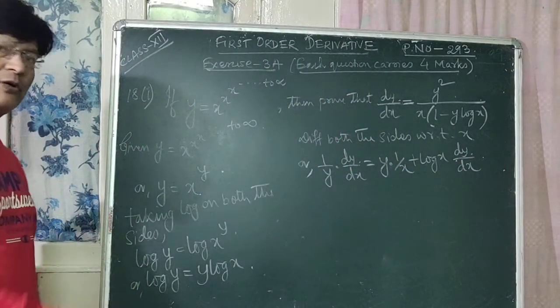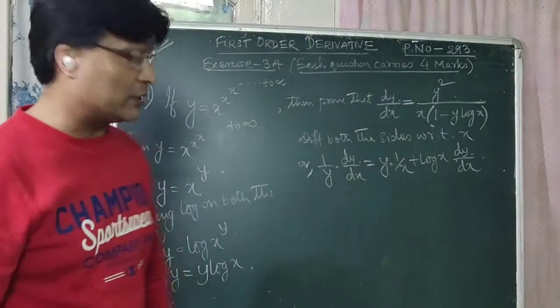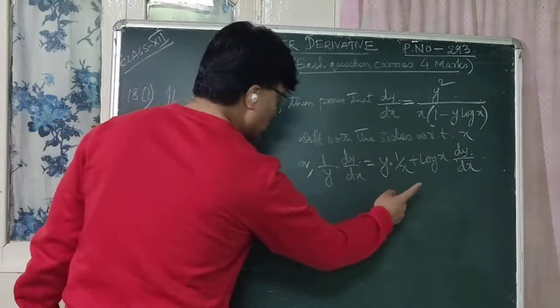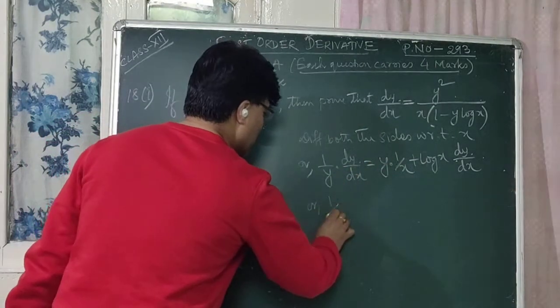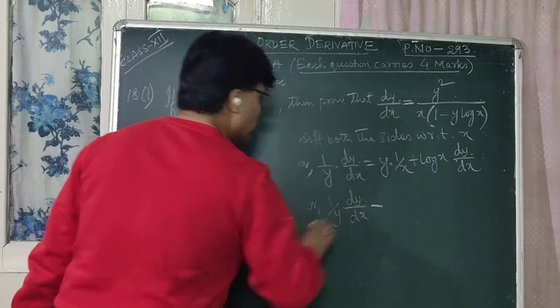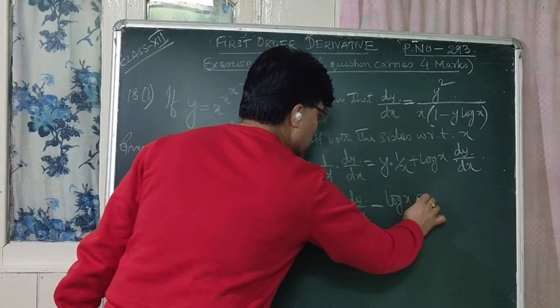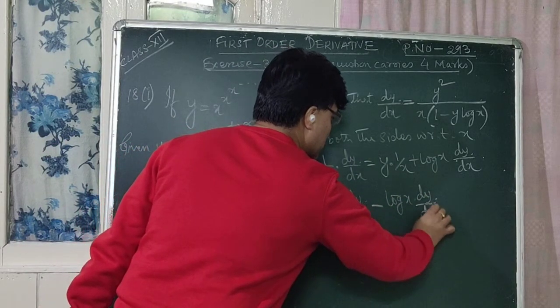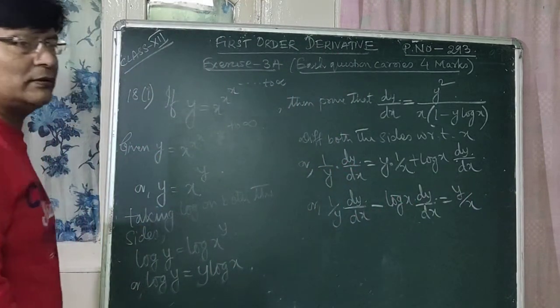So is that clear to all of you? Now you have to solve for dy by dx and prove the given result. Now keep the terms containing dy by dx on the left hand side. So it is 1 by y into dy by dx minus log x into dy by dx is equal to y upon x.